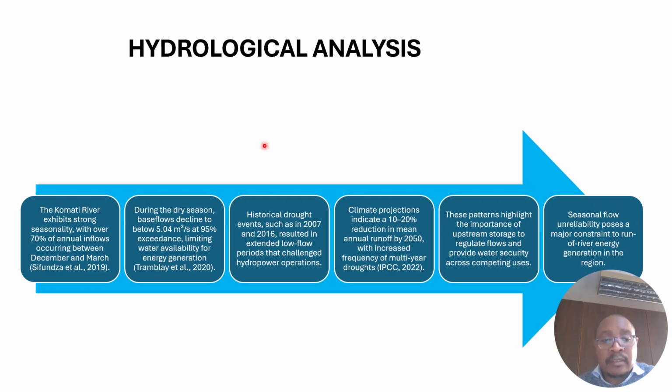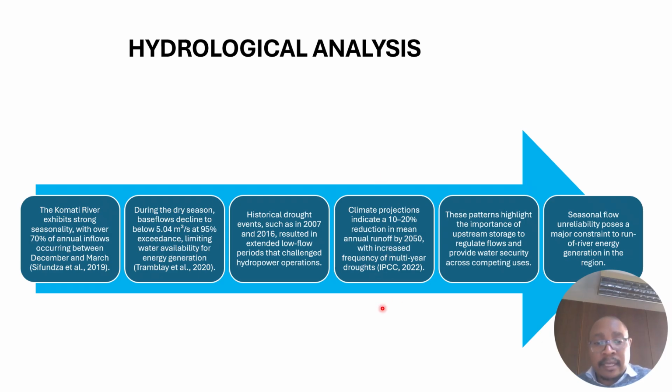And then the historical drought events, such as those that occurred in 2007 and 2016, resulted in extended low-flow periods that posed a challenge in terms of operating the hydropower.